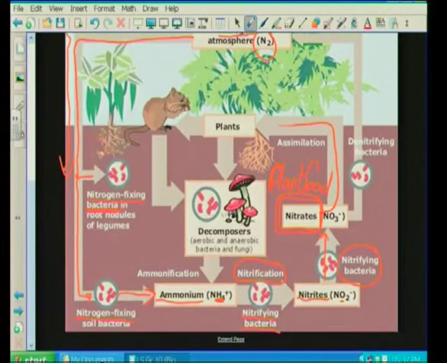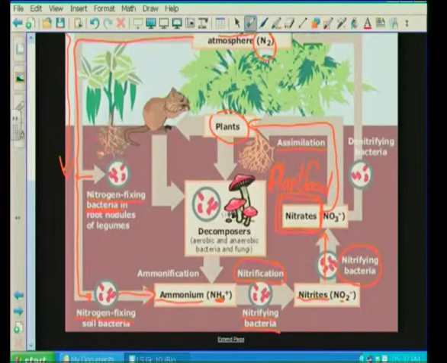So what happens here now? Plants will absorb, that word assimilation means absorb. So the plants will absorb it through their roots. So plant roots cannot absorb the nitrogen gas, but it can absorb the nitrates. So what happened? The bacteria changed the gas, nitrogen gas, into nitrates.